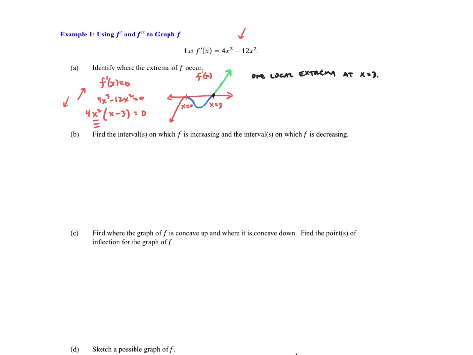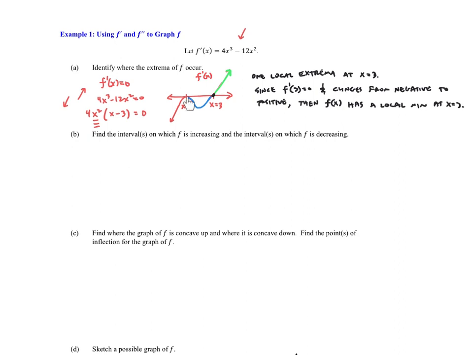So since f prime at 3 equals 0, and changes from negative to positive, then f of x has a local minimum at x equals 3.